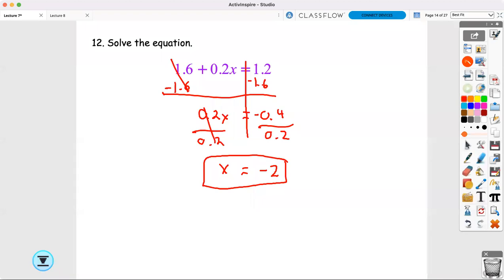Any questions on the steps that I took here, guys? Does anyone need more time to copy or any questions?